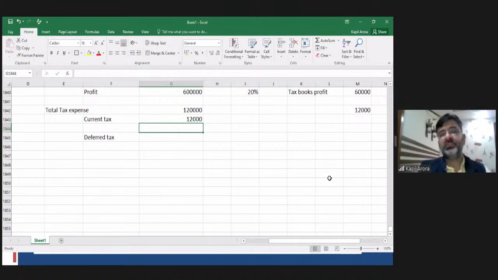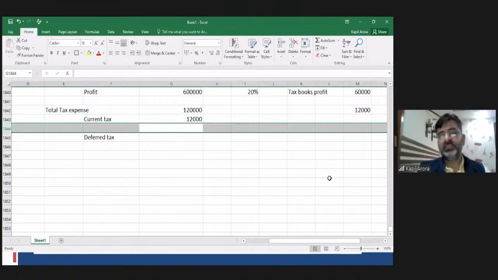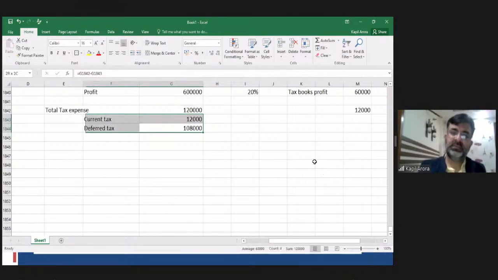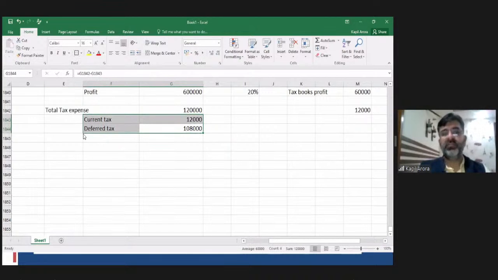If current tax is 12,000, how much would be my deferred tax? My deferred tax would be 12,000 minus this amount. Is this okay with everyone?